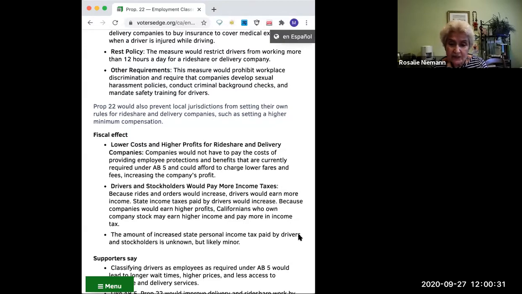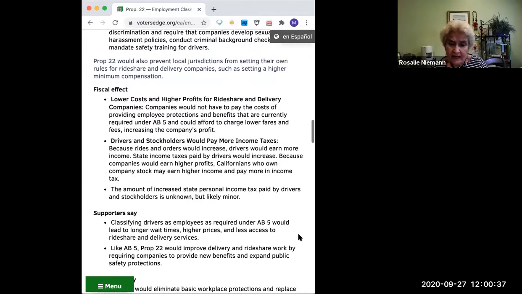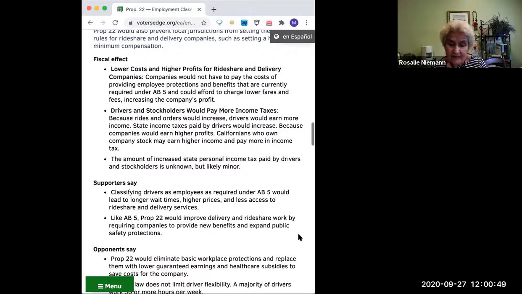The drivers and stockholders would pay more income taxes because they would earn more income. Because companies would earn higher profits, Californians who own company stock may earn higher income and pay more in income tax. The amount of increased state personal income tax paid by drivers and stockholders is unknown, but likely minor.